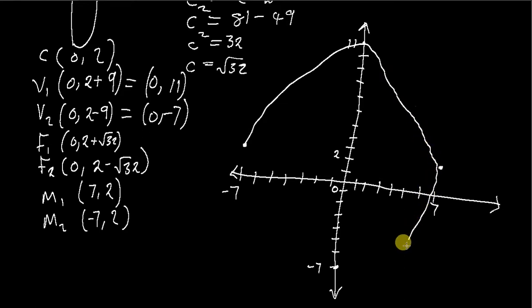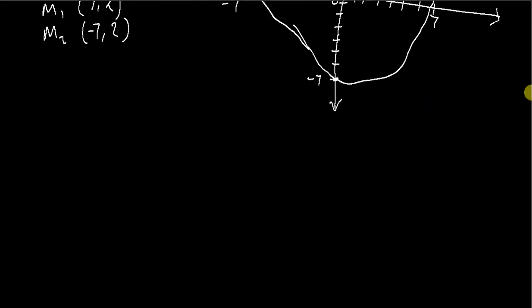It looks like an ellipse. So that is how you do the sketching. The spacing wasn't quite right, that's why it looks like a circle or a square of some sort.